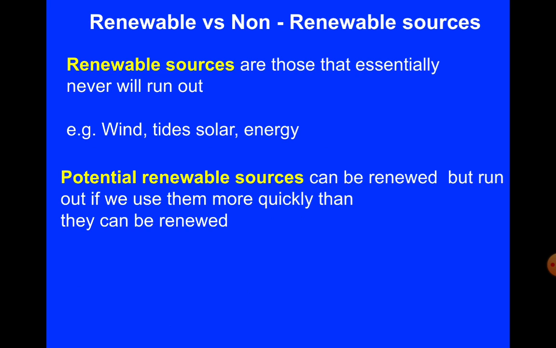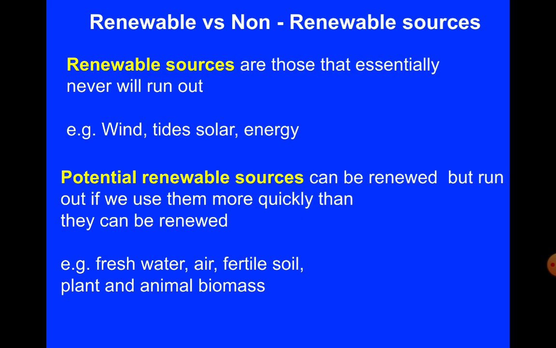They can be renewed, but they run out if we use them more quickly than they are renewed. Think about the following: fresh water, air, fertile soils, plant and animal biomass. These are potential renewable sources.